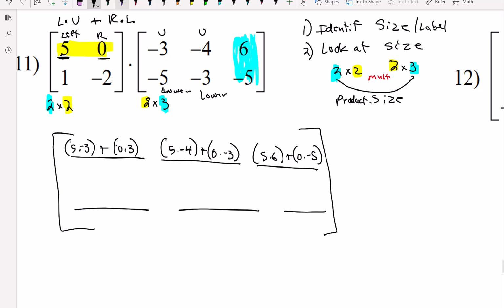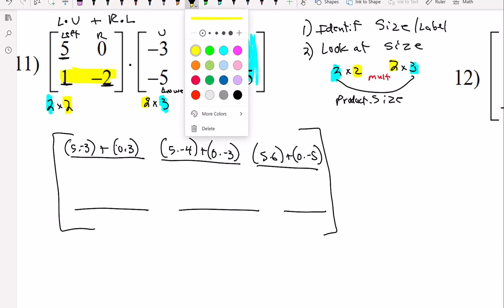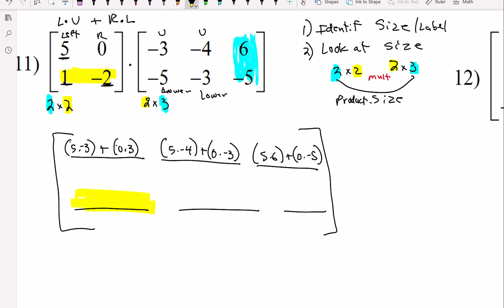Okay, now we're going to start with the lower, because now we're down here on all these lower numbers. So now this is still the left, this is still the right, and we're still doing the same thing. We're multiplying the left with the upper plus the right with the lower.